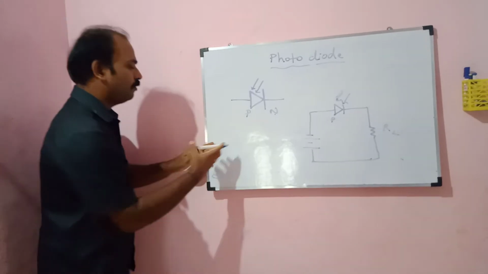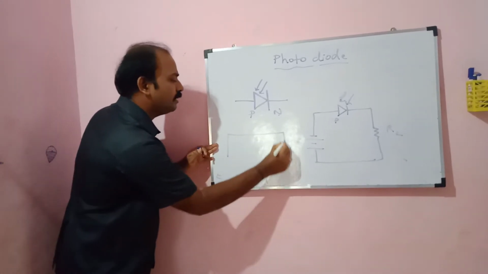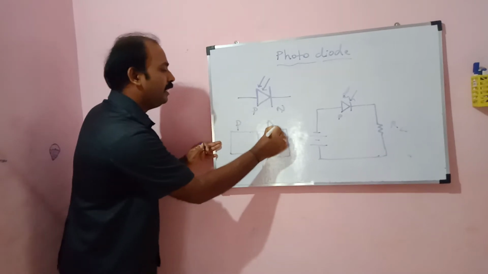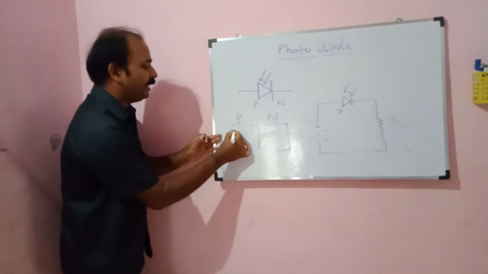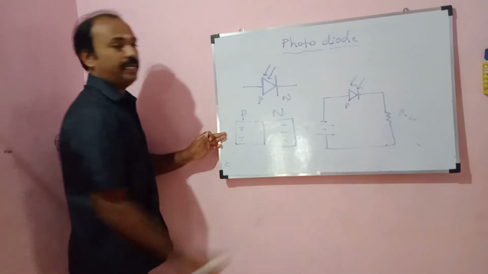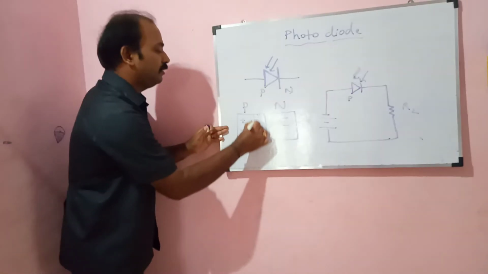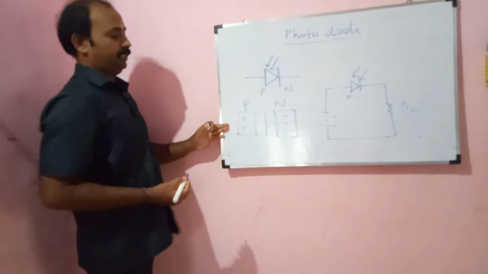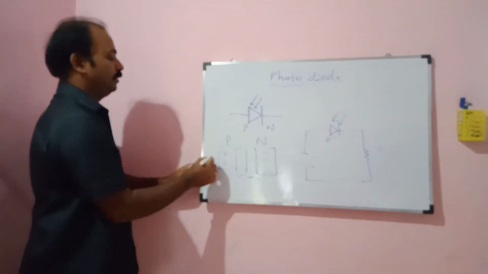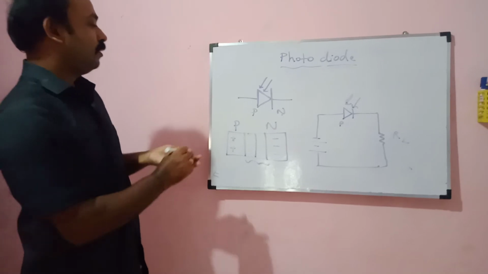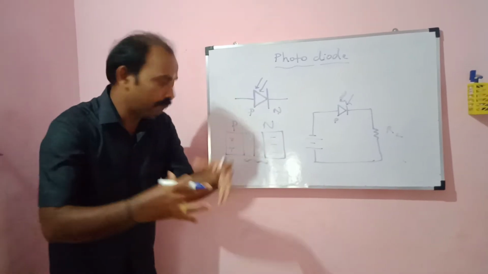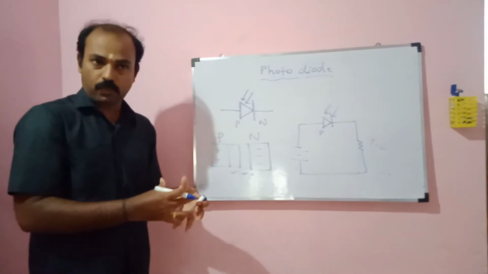In terms of a block diagram, we can draw this PN junction diode like this. This is the P and the N type semiconductor. The P type semiconductor has majority positive holes, and the N type semiconductor has majority negative electrons. This is the immobile part, the barrier or depletion region. A P type and N type semiconductor together form a PN junction diode.